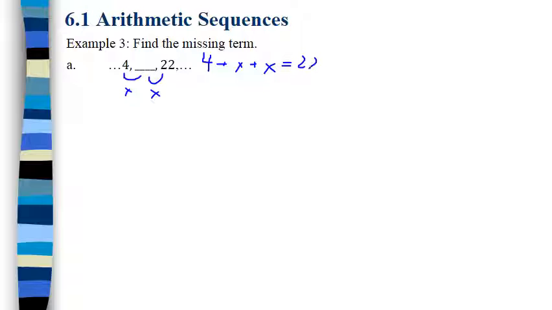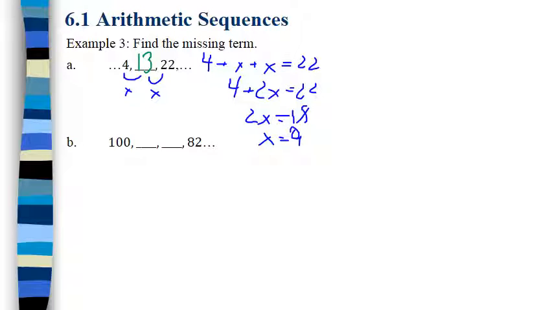Now I have an equation, don't I? So now I can just do 4 plus 2x equals 22. So 2x equals 18. So x equals 9. So my common difference is 9, which means if I go back to my original problem, 4 plus 9 is 13, and 13 plus 9 is 22. And there I have my missing term.